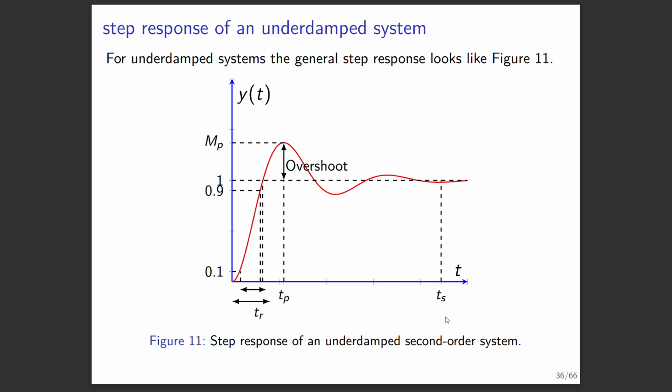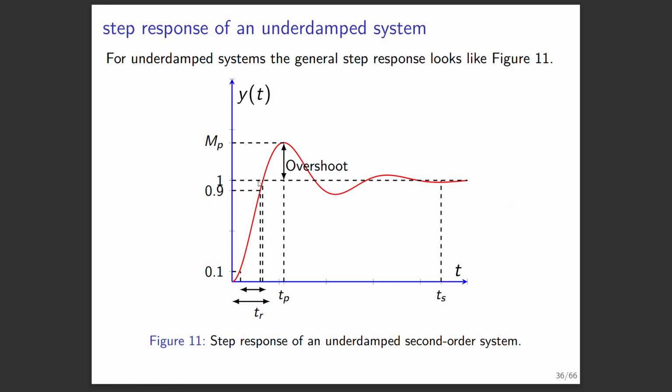Possibly the most important case is underdamped. This is the behavior of a lot of physical systems around us. Just think about when your car falls into a dip or hits a bump. You have this oscillatory behavior, right? We have an overshoot.